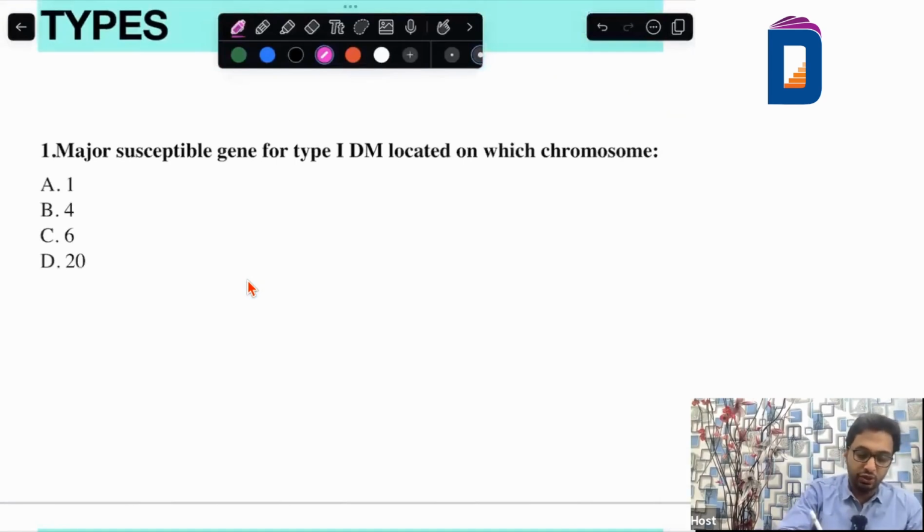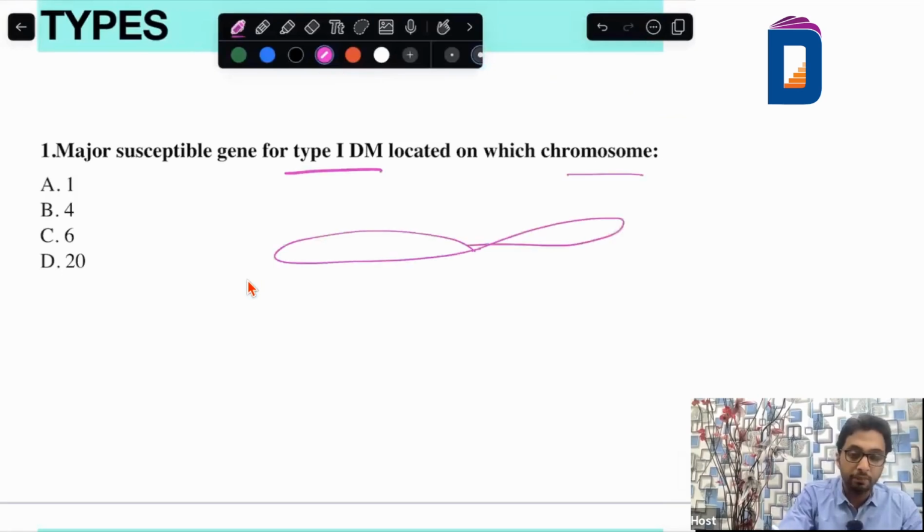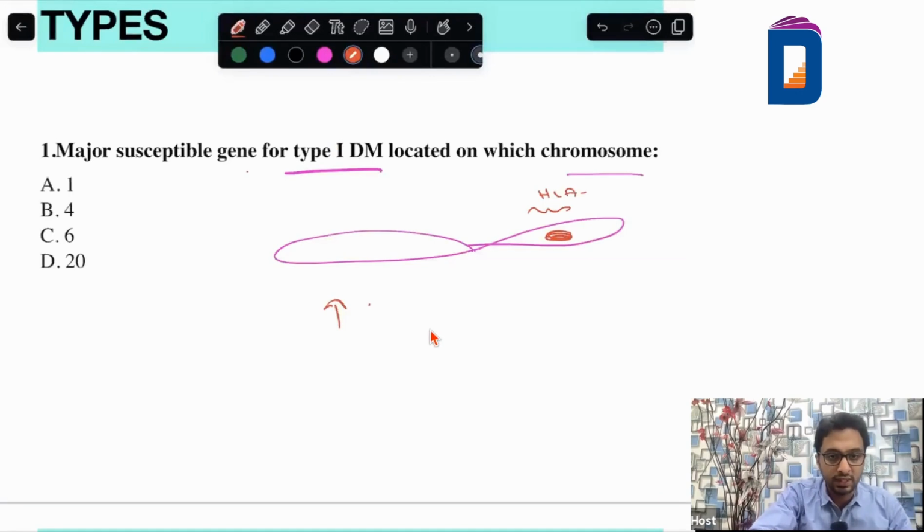The major susceptible gene for type 1 diabetes mellitus is located on which chromosome? We said there's a chromosome, and definitely there is an area there, a gene, which is associated with this HLA, the specific area in the gene. Which chromosome are they talking about?